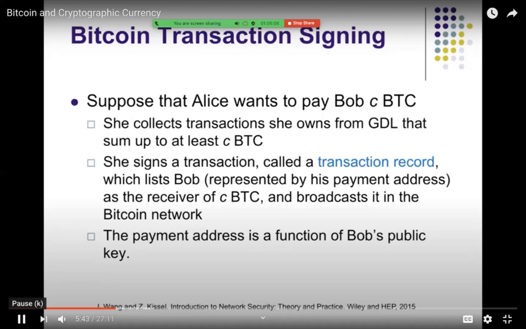Then she signs this transaction, and that is called a transaction record, which lists Bob, represented by his payment address, as the receiver of C units of Bitcoins from Alice. And this transaction is then broadcast in the Bitcoin network. So that's been put back into the ledger. The payment address is a function of Bob's public key.